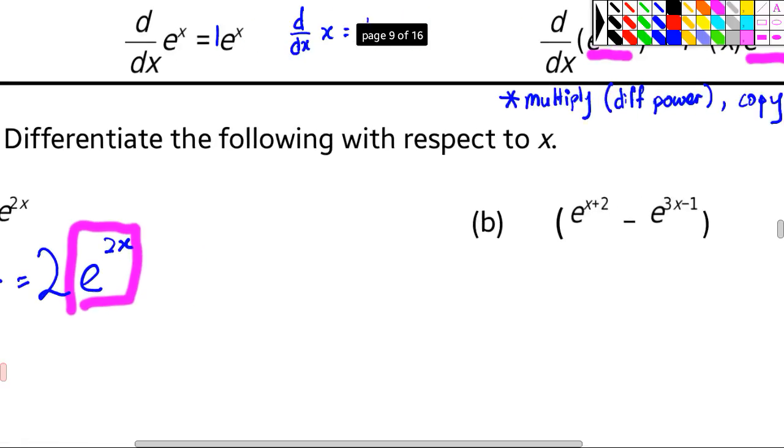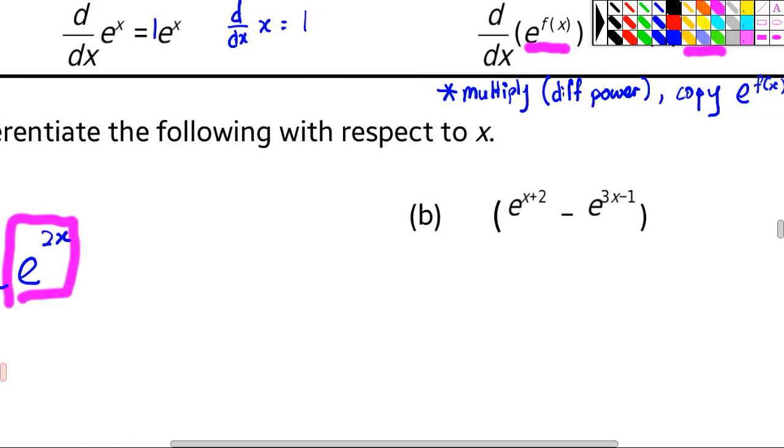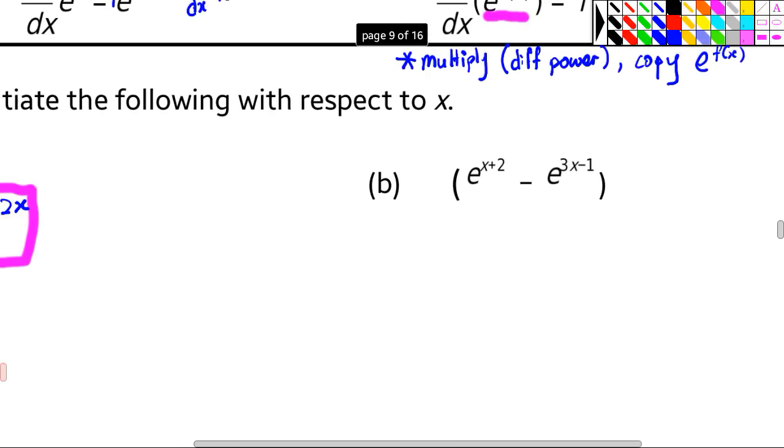Now look at b. Oh, now I have two things. So I let y be equal to this. Is this a product rule or chain rule, or can I just differentiate individually? Individually, right?